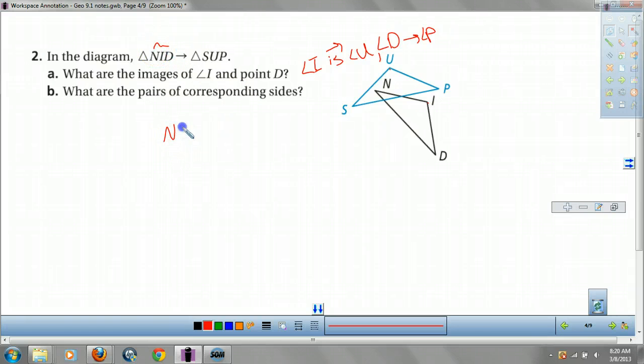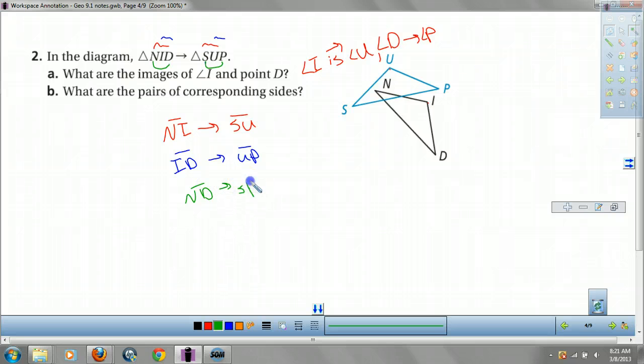So NI got mapped onto SU, ID with UP going up, and SP with ND, or ND is getting mapped onto SP. Okay? Halfway there.